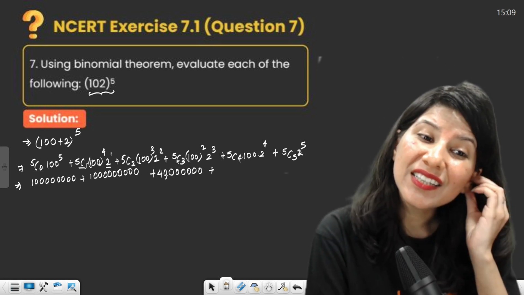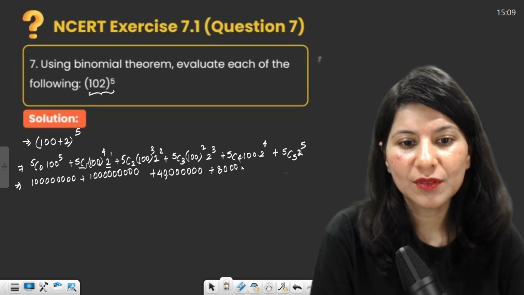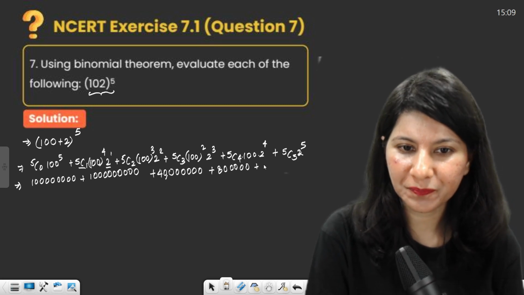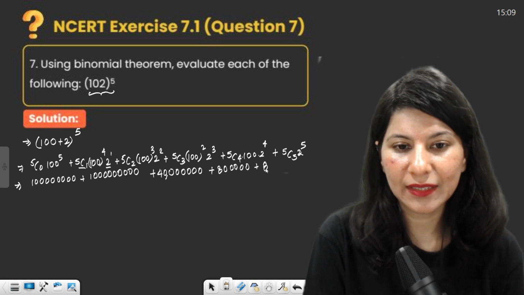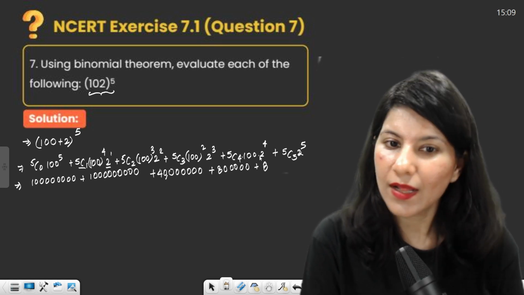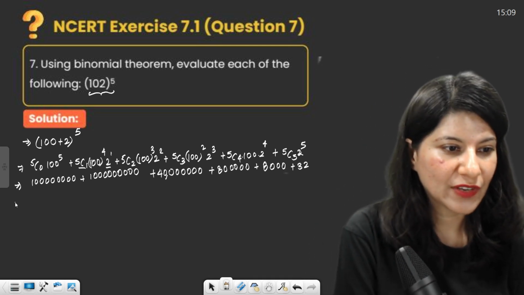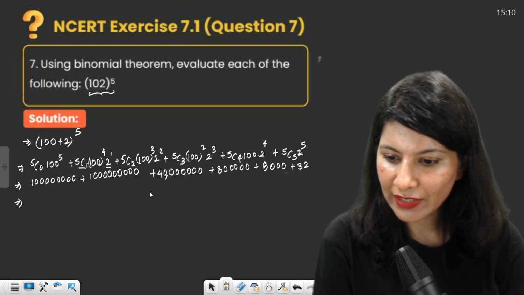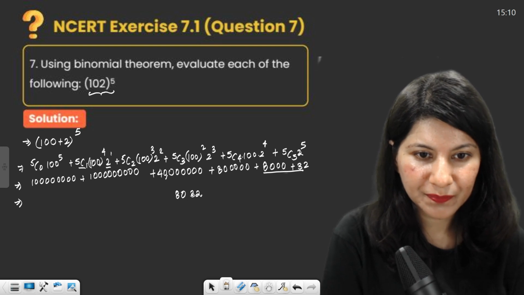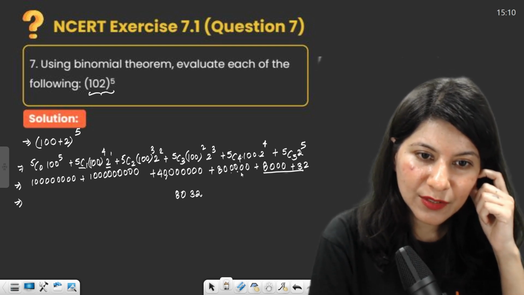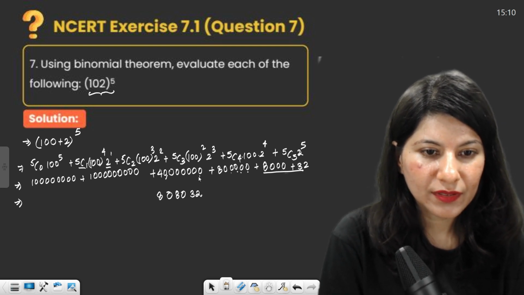Now 5C3 is again 10, and so this is 80 into 100 squared. Plus 5C4 is 5, right? 5 twos are 10, and 100 is there, and then 2 cubed is 8, 2^4 is 16, 80 into 100. Plus 32. Finally, you are having the answer as, so can you see 32? If you add 8032, right? So 8032.